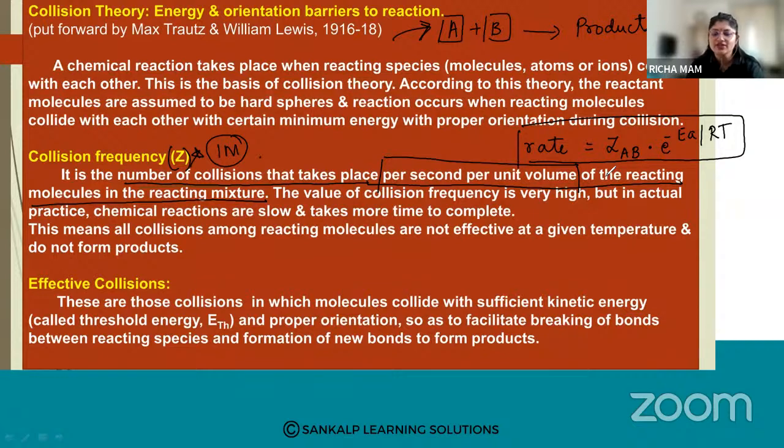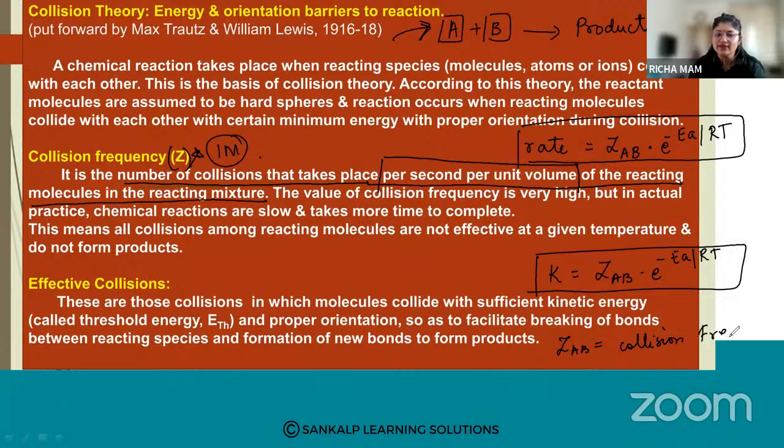So the rate of the reaction is given as k equals Z AB e raised to minus Ea by RT. So this is the rate for the effective collisions. Okay, so here what is Z AB? Z AB is your collision frequency.